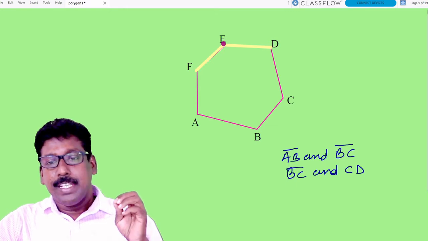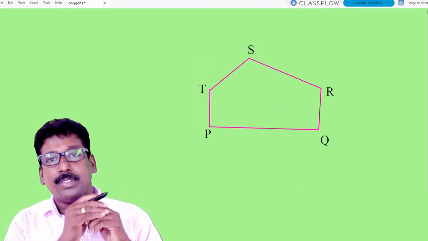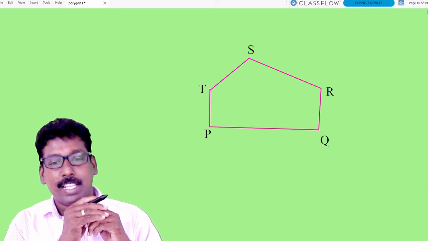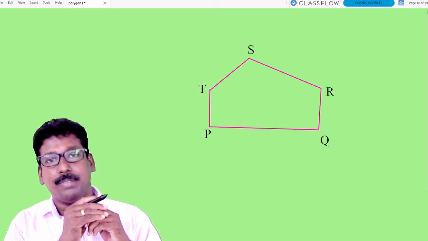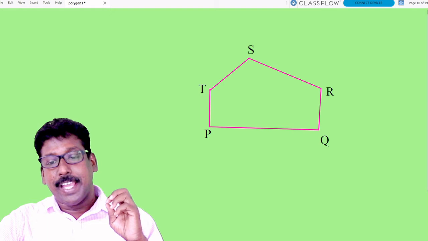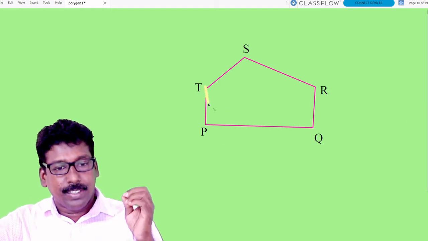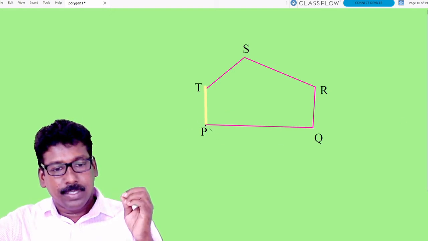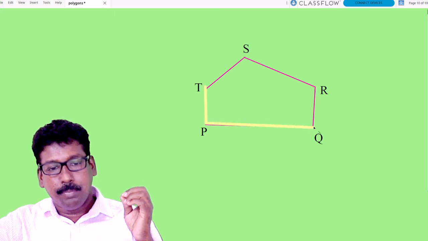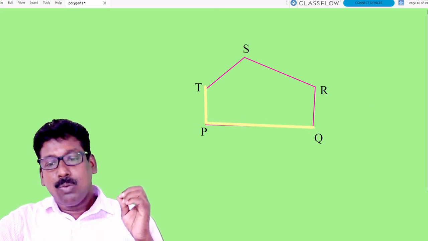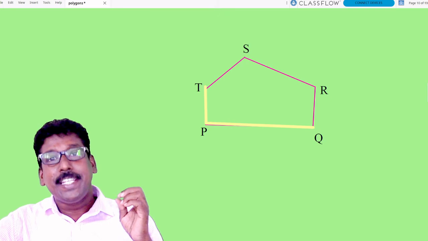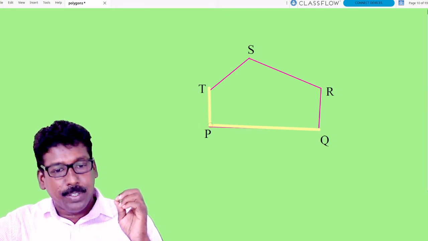Now let me take another polygon. What is the name of this polygon? Yes, PQRST. Now let me take a pair of sides. This is TP, this is PQ. Now these two sides meet at a point. Which is that meeting point?